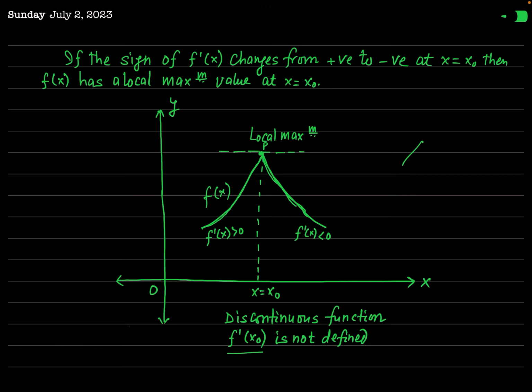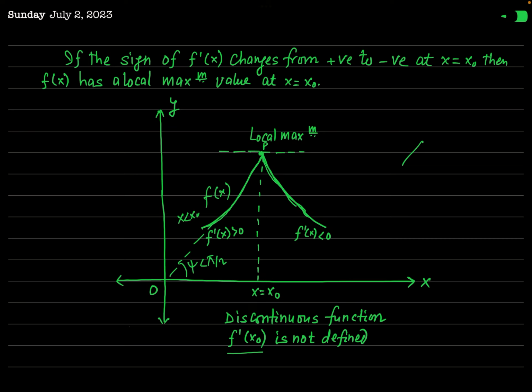But again, when we find the slope of the curve at any point in the region where x is less than x naught, you can draw a tangent, and this tangent makes an acute angle less than 90 degrees, so the slope will be positive.